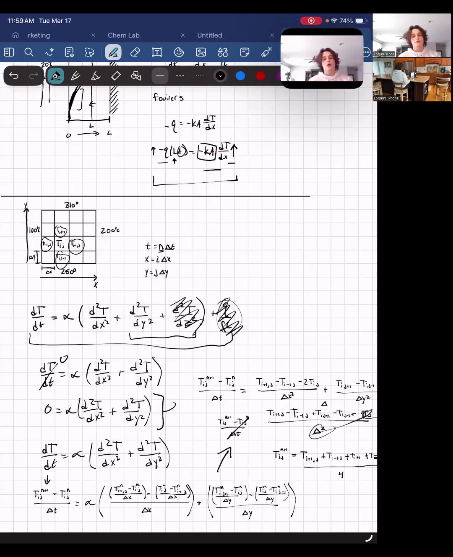So really, all T i j is the average, right? And that's what we kind of expect when looking at what T i is, right? We want the average of the temperatures around it, right? So to further show this, I'm going to map it out in Excel. And so we will do that now.